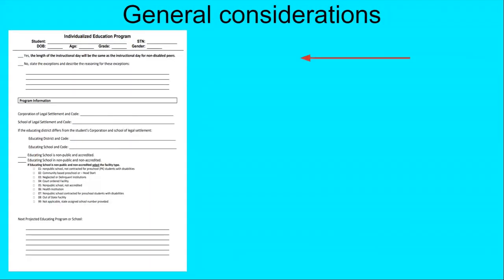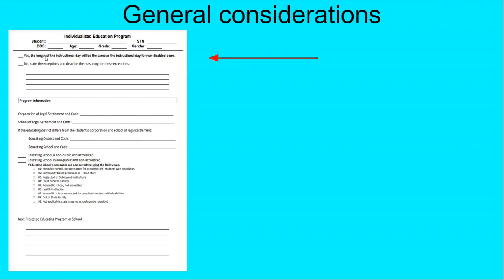And then the last thing here, the length of the instructional day will be the same as that of his non-disabled peers. Again, typically it's a 7:30 or 8 o'clock to 3:30, 4 o'clock day, okay? If the student requires additional services, then again, we would mark no, and then we would explain why and the reasoning for that. Again, in the 15 years that I have been teaching, I have only seen this a couple of times.